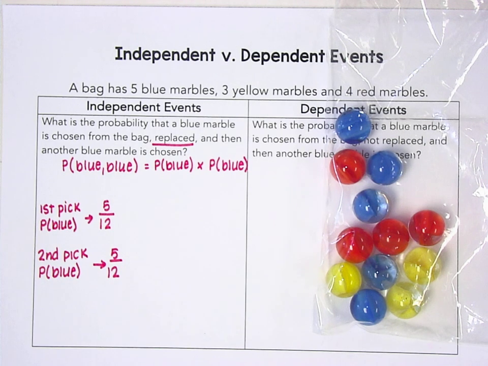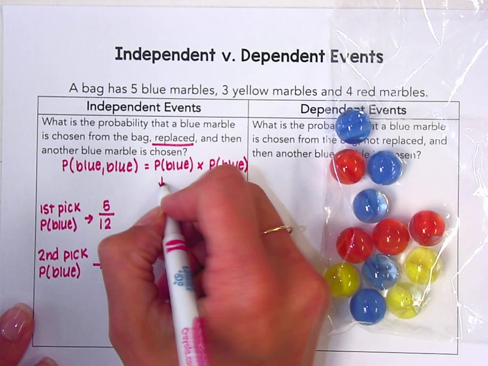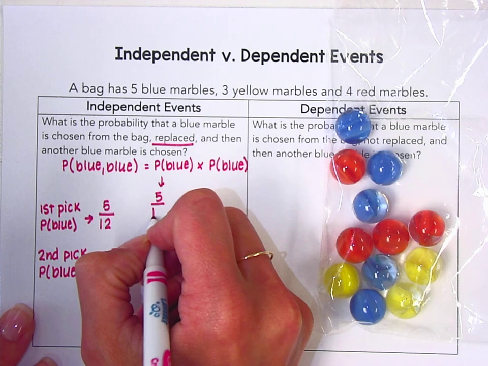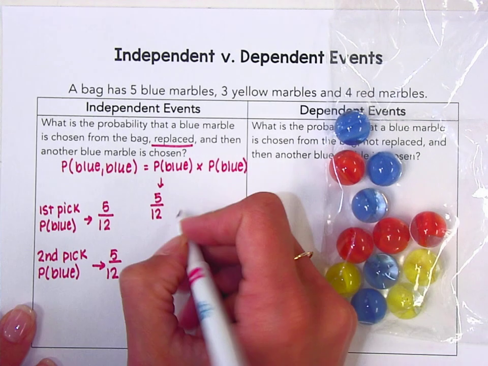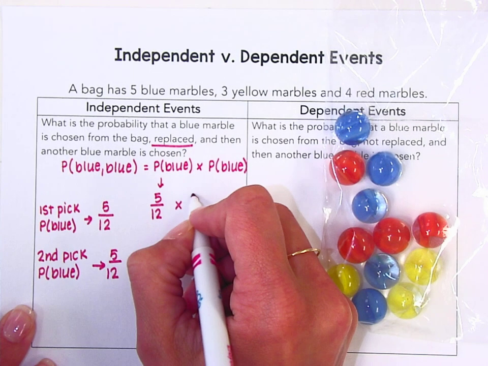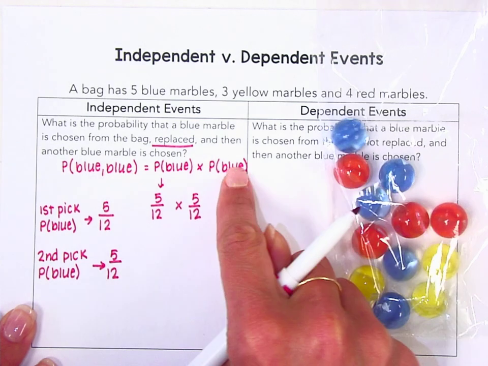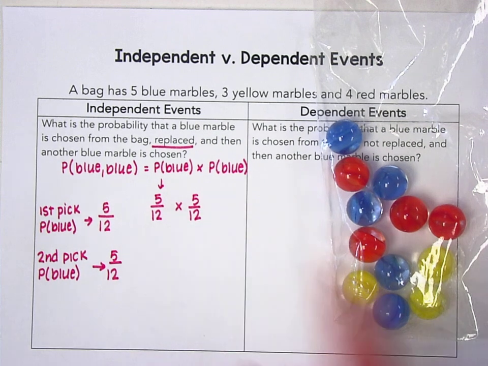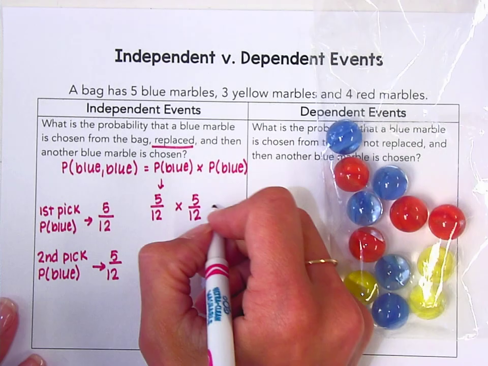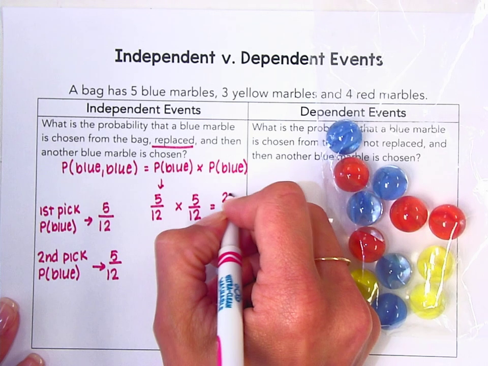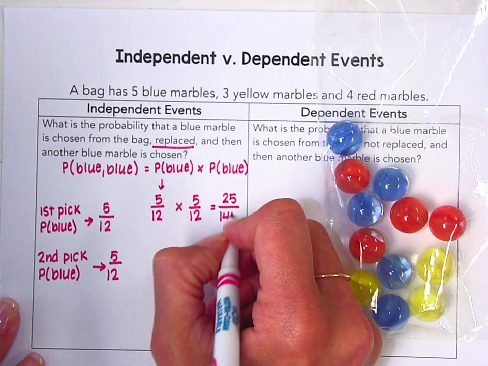Now to figure out the actual probability, we multiply 5/12, our probability of choosing a blue marble the first time, by 5/12, our probability of choosing a blue marble the second time. We end up with 25 over 144.